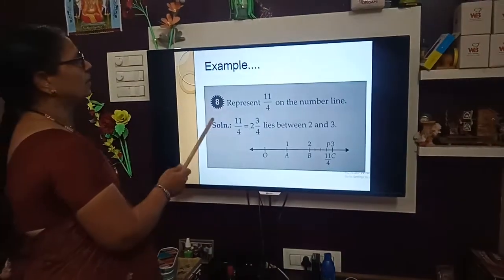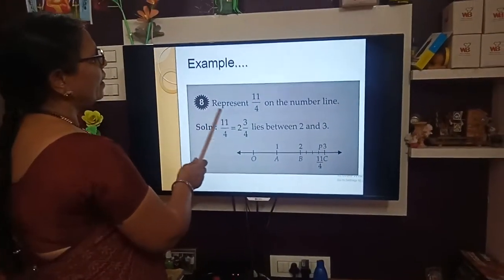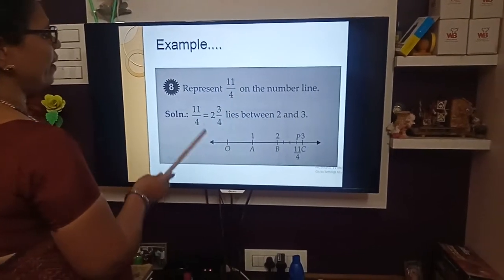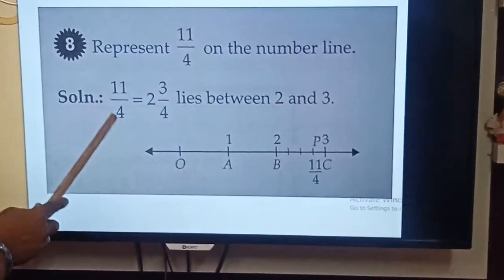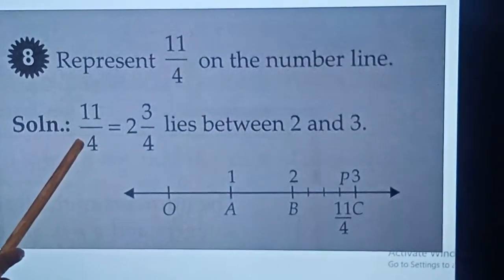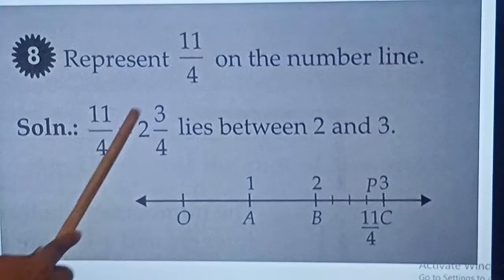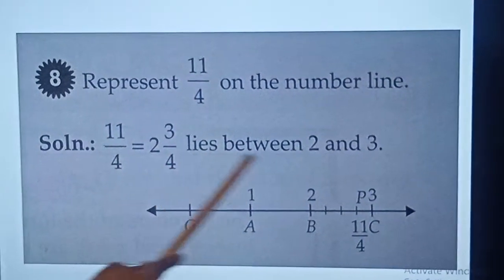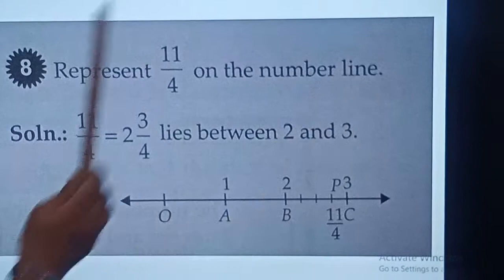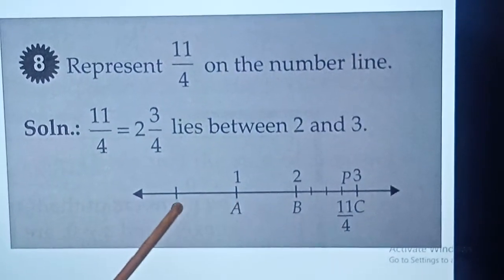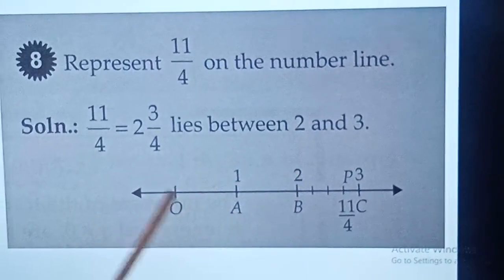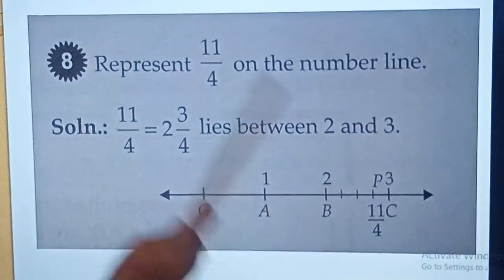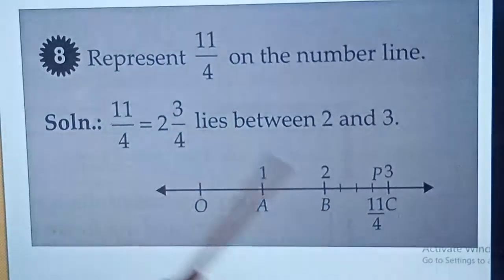Next, one more example. Represent 11 upon 4 on the number line. In the same way, 11 upon 4 is on the positive side, and when we convert it into a mixed fraction, we get 2 integer 3 by 4. It lies between 2 and 3, because from 0 up to 2 are whole numbers, then the next part 3 by 4 lies in between, and 4 is the denominator.